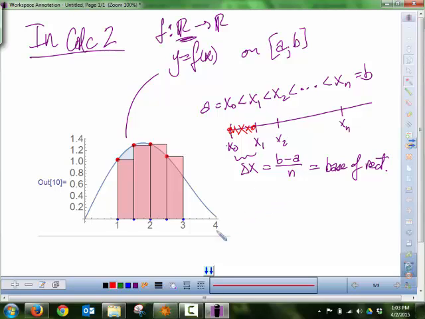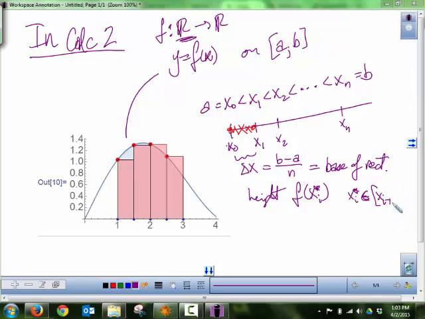So the height then is going to be the function evaluated at some point within some subinterval, where x sub i star is an element of the closed interval from x sub i minus 1 to x sub i, the ith interval basically.